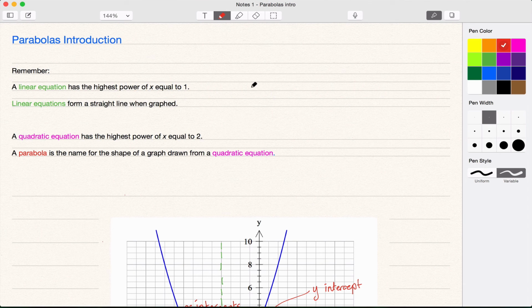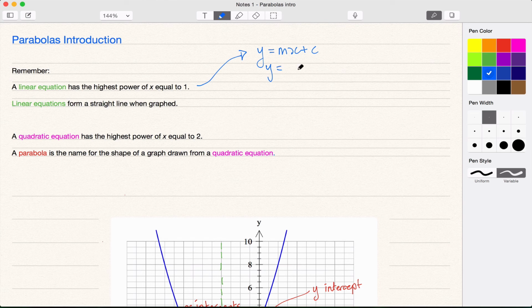Going back to some of our previous work, you will remember that a linear equation has a highest power of x equal to 1. So you might remember the general form of a linear equation. It looks like this: y equals mx plus c, and the x there has no power written, no number, which means it's a power of 1.